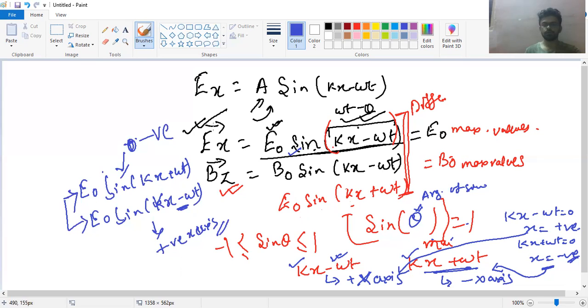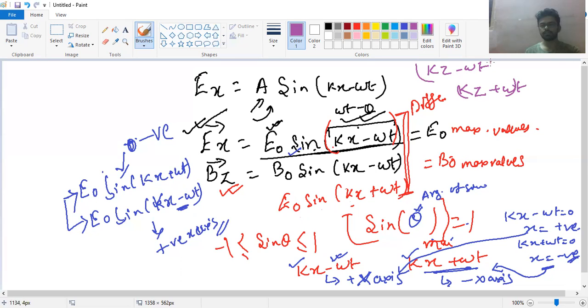So now if you have understood, then suppose there is an expression like kz minus omega t, and another like kz plus omega t, and I ask you what is the difference between these two.